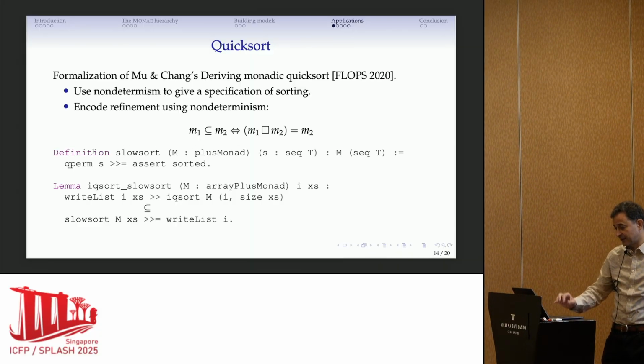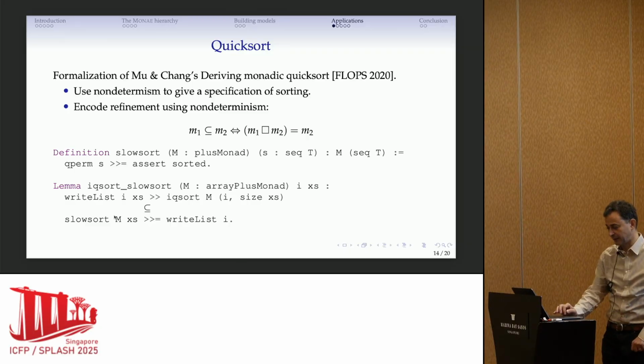Well, first we define slowsort as just taking all the permutations of a list and then keeping only those which are sorted. And then we can compare quicksort, an imperative version of quicksort, with slowsort in this way.